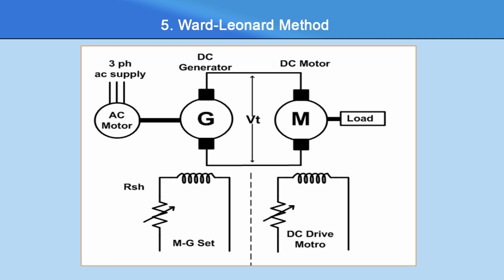Coming to the summary of this lecture, the speed of a DC motor can be controlled by 3 methods. What are the 3 methods? The flux control method, the armature control method, and the voltage control method. The flux control method only increases the speed above the base speed. If we want to increase the speed above the base speed, the flux control method will be used.